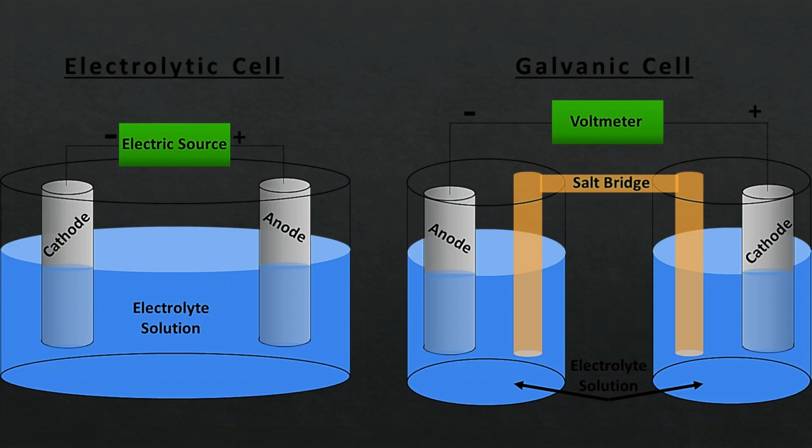And there is another electrochemical cell known as the electrolytic cell. These use electrical energy to drive non-spontaneous chemical reactions. An example is the use of electrolysis to produce hydrogen gas from water.